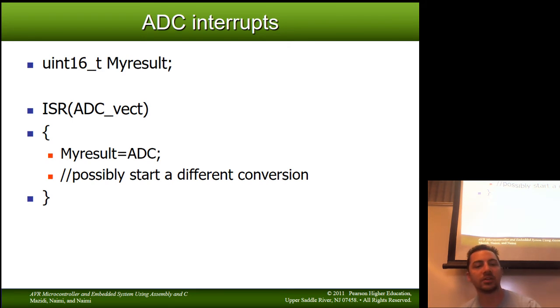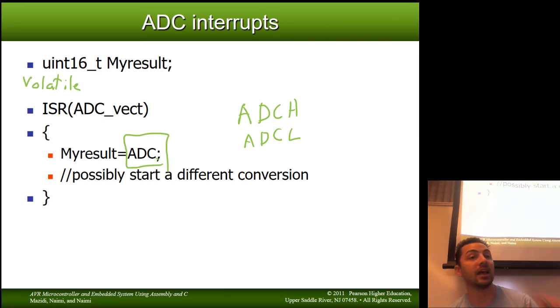We have to declare a volatile uint16. And if we're doing it in C, we don't have to worry about ADCH or ADCL. We don't have to worry about that. We only have to worry about one register called ADC, and it'll take care of it for us.